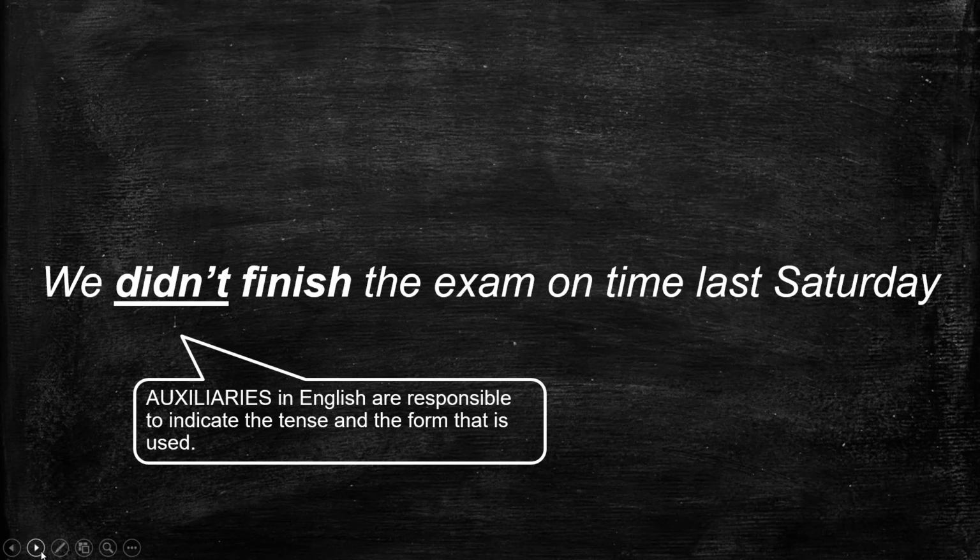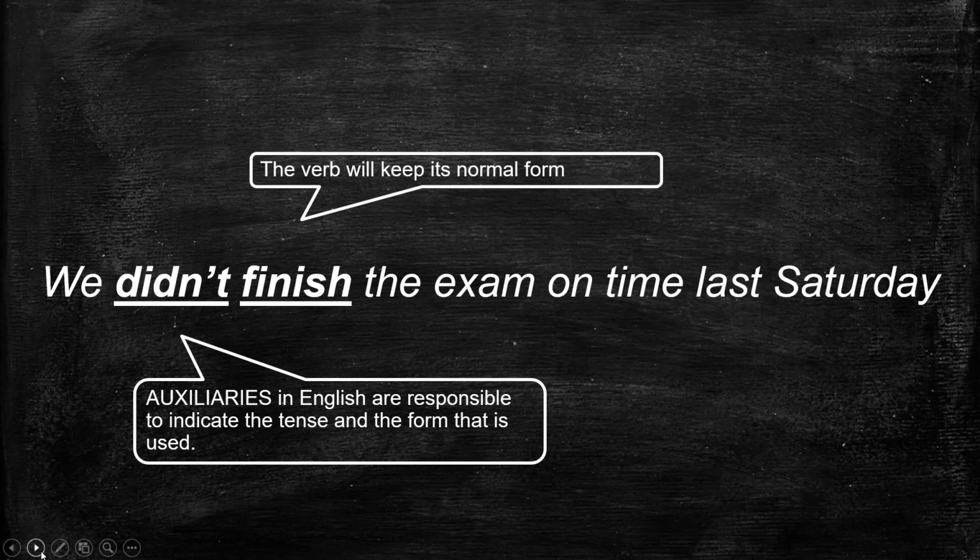Auxiliaries in English are responsible to indicate the tense and the form that we use to speak. So we have to use auxiliary did in the negative form. So the correct form of this example is we didn't finish the exam on time last Saturday. And we are using auxiliary did to indicate simple past. So the verb finish will keep its normal form.